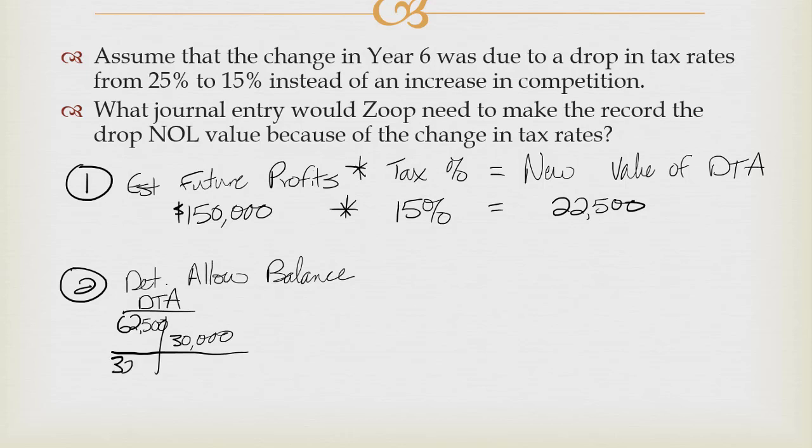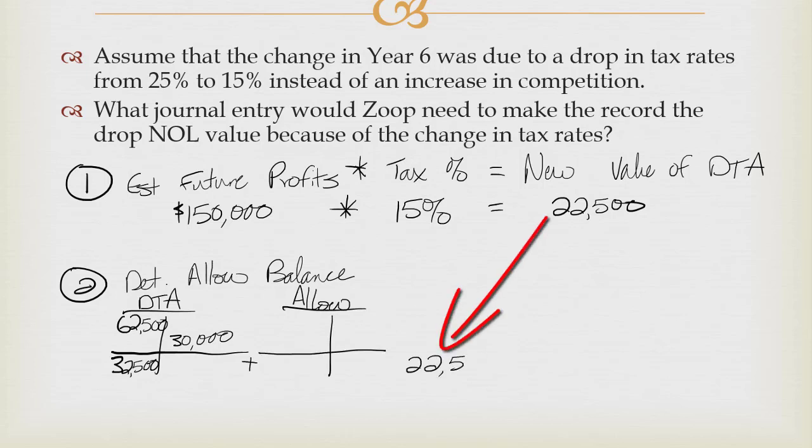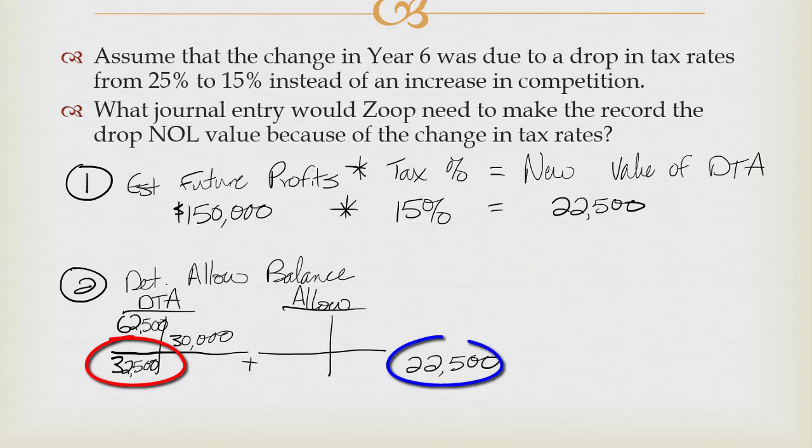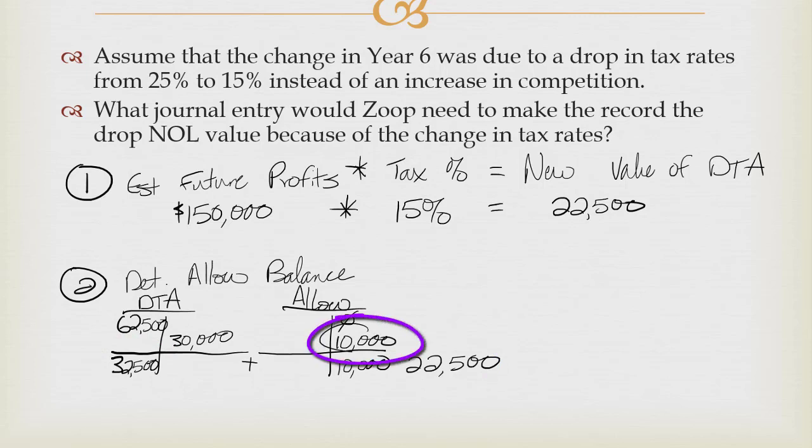So we're at 32,500. I need an allowance balance that gets me to this 22,500 value. So to get from 32.5 to 22.5, I need a credit of 10,000. And that's my journal entry.